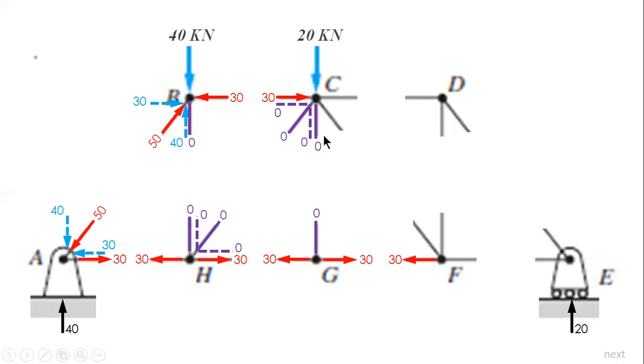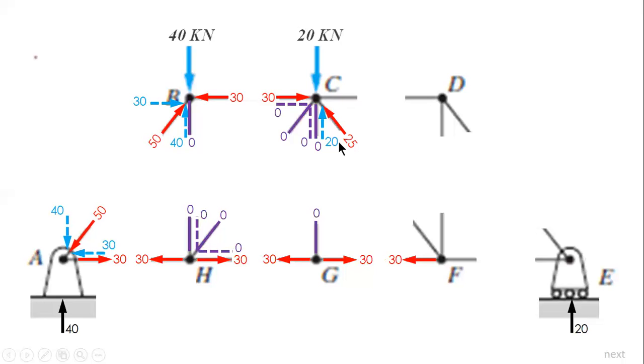Horizontal, and vertical. Isa ka vertical, so i-balance nimo. Ang balance sa 20 is 20 upward, and then do ratio and proportion. 20, i-divide sa vertical na 4, 5, times hypotenuse na 5, so 25 na siya.